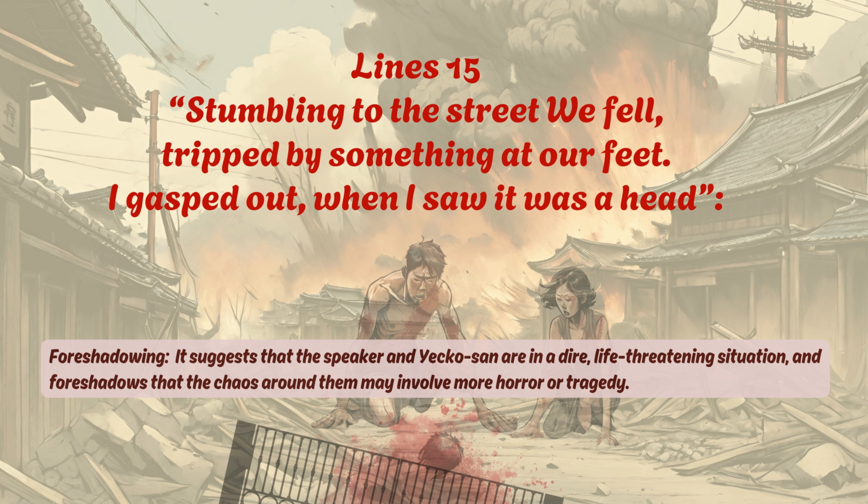Therefore, it is called foreshadowing, and we know that foreshadowing is a literary device that gives hints or clues suggesting something bad is about to happen in the story or in the poem, right? Now, it suggests that the speaker and Yecko-san are in a serious, life-threatening situation and foreshadows that the chaos around them may involve more horror or tragedy.